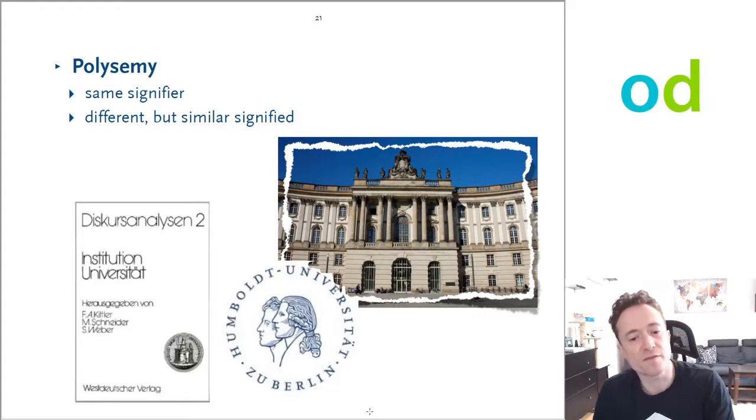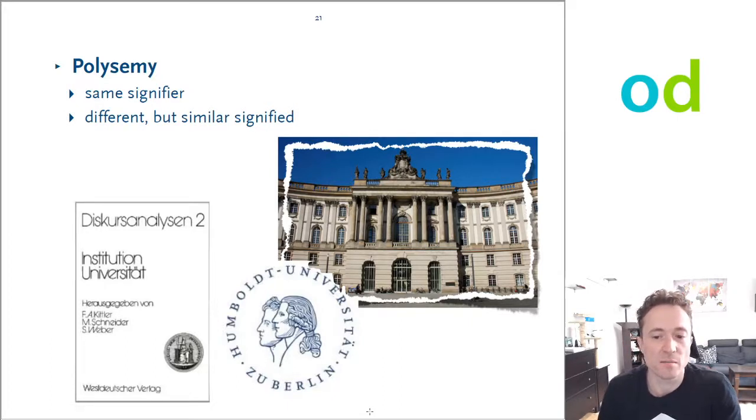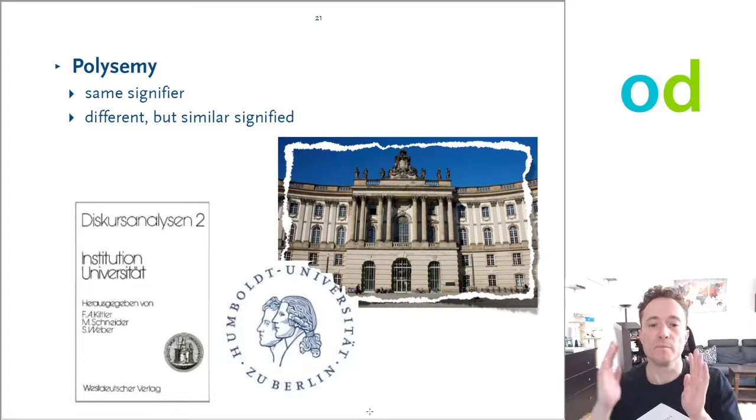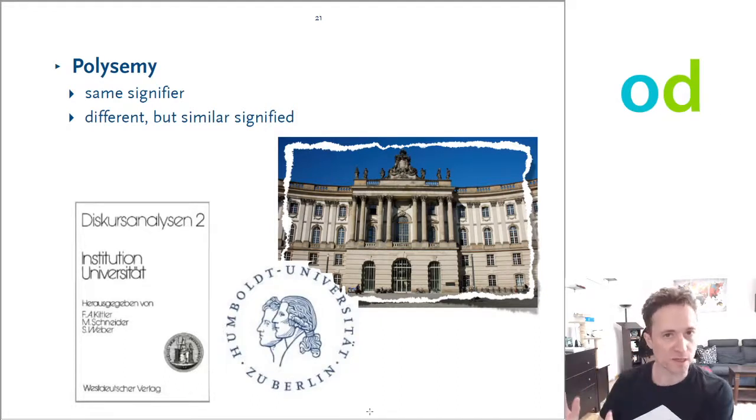And then we have the logo of the Humboldt University, or the institution of the university itself, as something that works in a legal way in the country or a specific context. So you can see all of that is called university, but we are meaning different concepts that are related and describing certain aspects of the same thing.